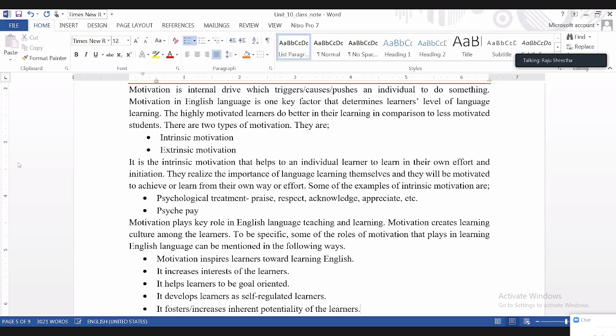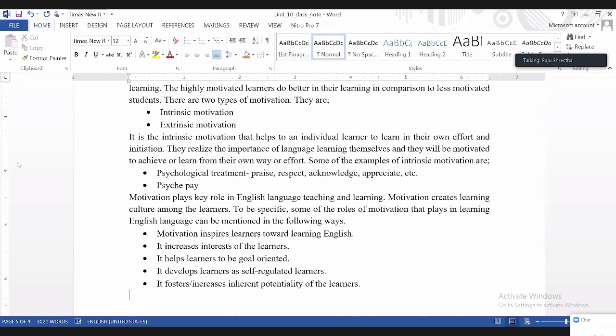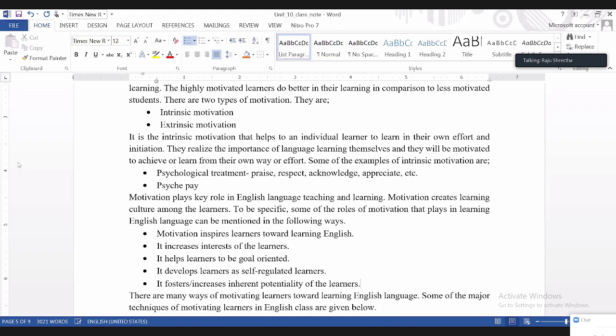So children, yes, these are a few to mention here. These are some sample roles motivation plays in learning language. One is inspiration, another is interest development, and then another one is being goal oriented.